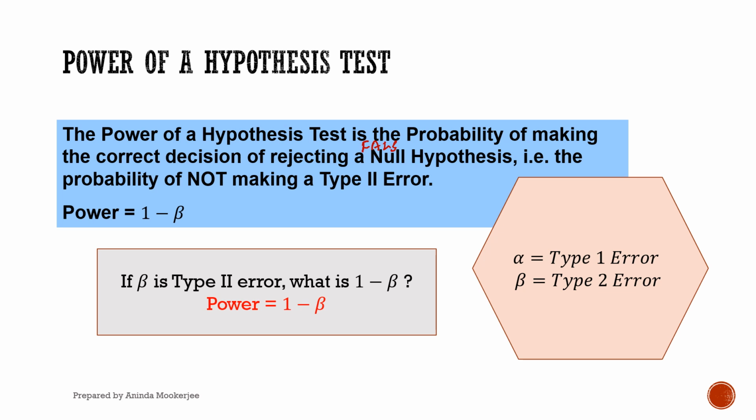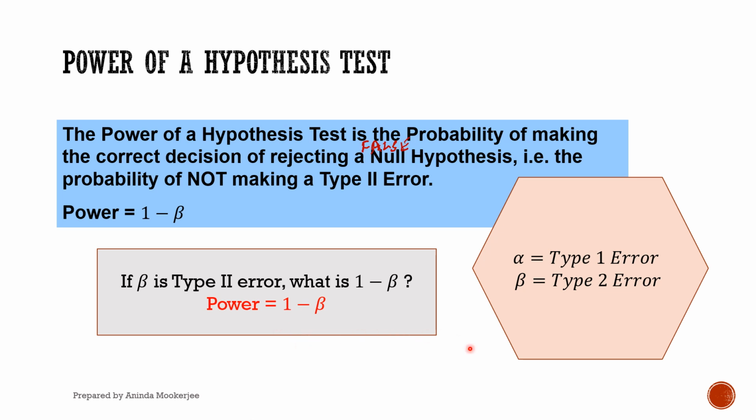So that is the correct decision, correct? So that's what the power of a hypothesis test means. That is the probability of not making a type 2 error. And the power is calculated by subtracting beta from 1. So 1 minus beta is the power of a hypothesis test.